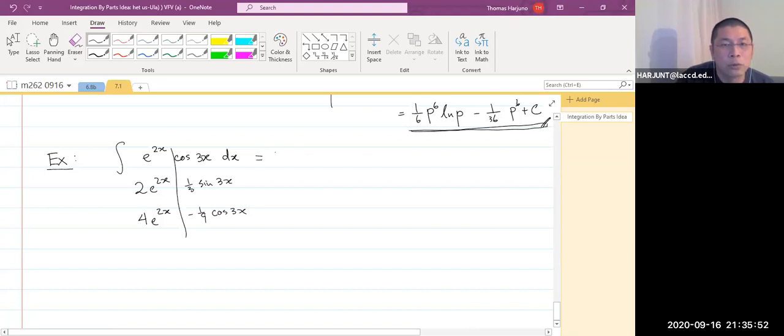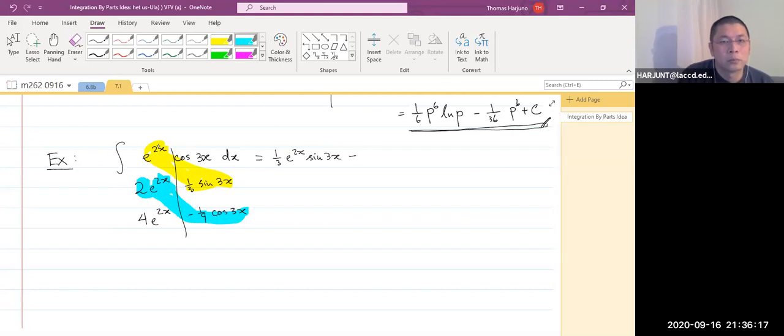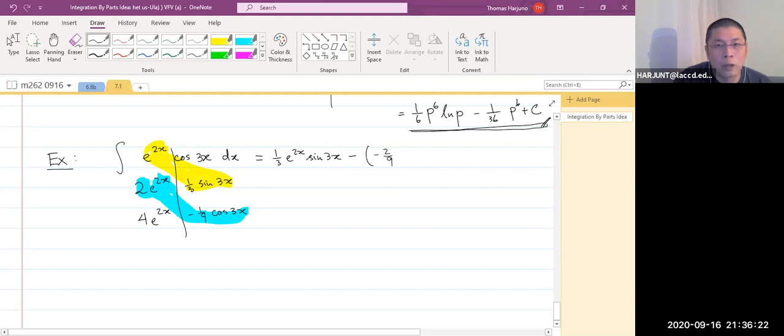This is equal to this product. That's equal to 1/3 e to the 2x sine 3x minus the product here, negative 2/9 e to the 2x cosine 3x.